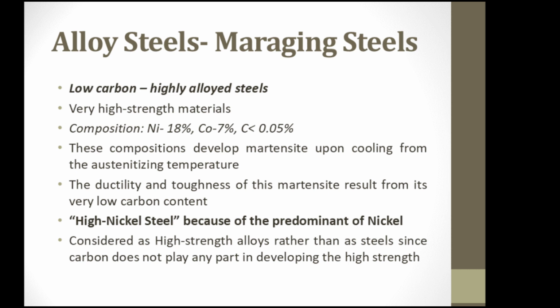The ductility and toughness of this martensite result from its very low carbon content. High nickel steel, because of the predominance of nickel, is considered as a high strength alloy rather than as a steel, since carbon does not play any part in developing the high strength.